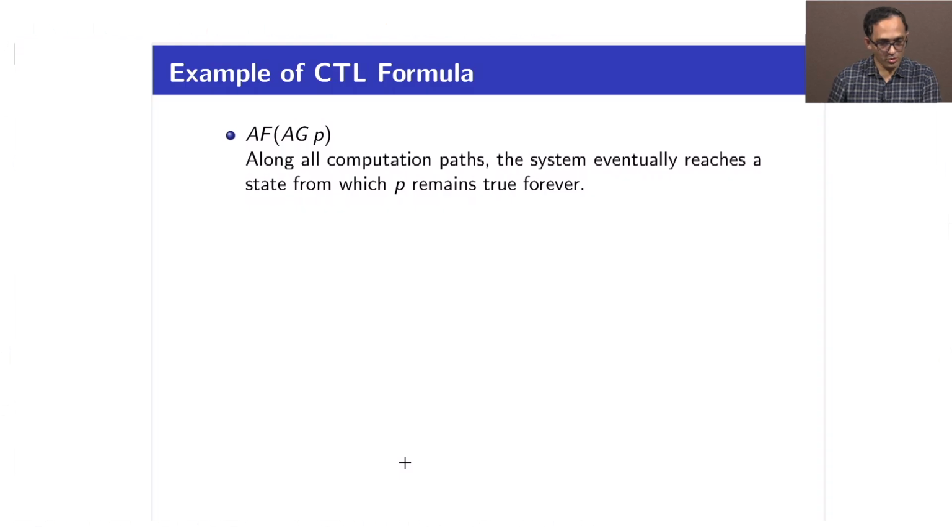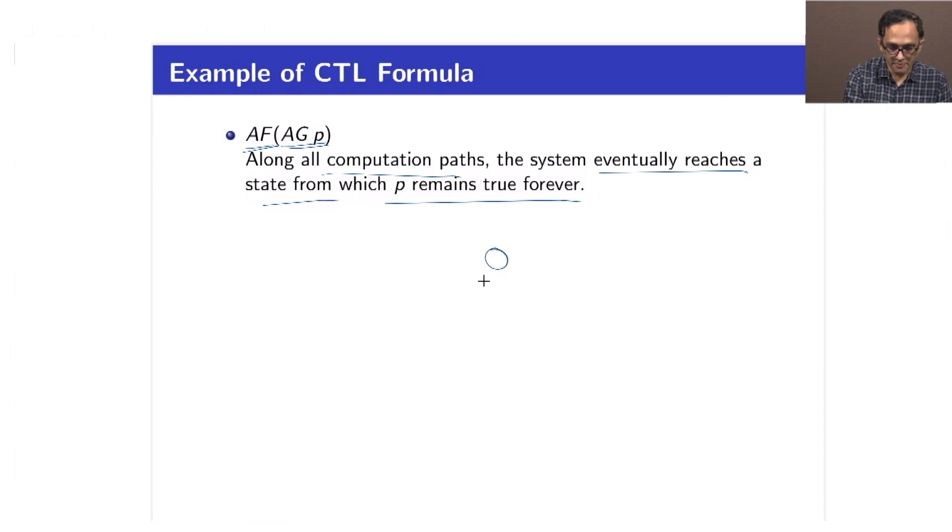So, this is one more. This is effectively saying that along all paths, in future, AG P holds. So, this is another example where I am trying to say that along all paths in future AG P holds. So, along all computation paths the system eventually reaches a state from where P remains holding forever.